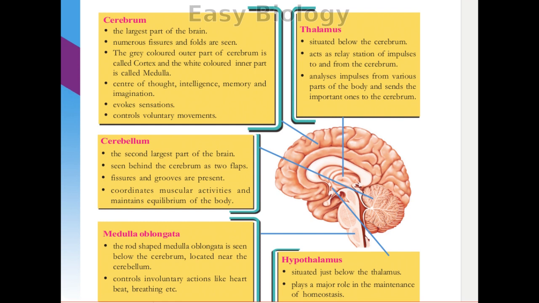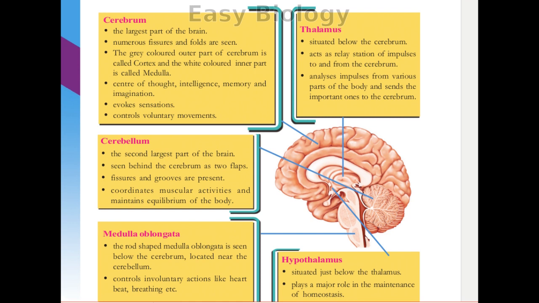Below the thalamus, hypothalamus is situated. The medulla oblongata is seen below the cerebrum near the cerebellum. What are the peculiarities of cerebrum?